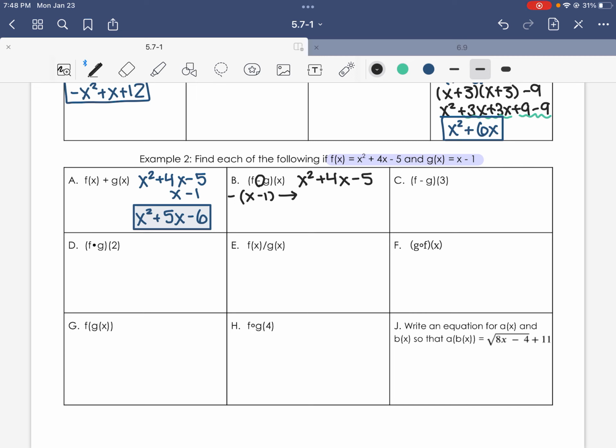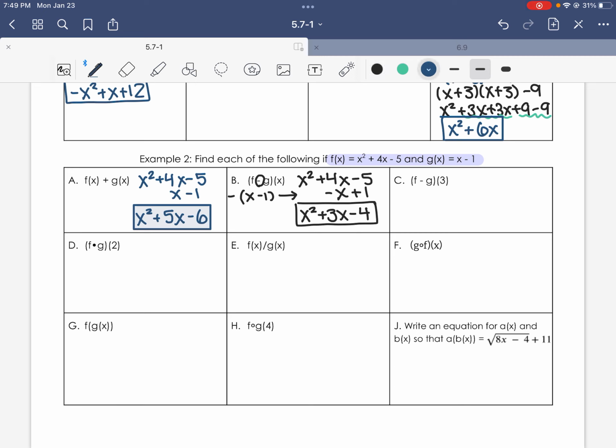So instead of adding x minus 1, I'm actually adding negative x and positive 1. So the signs just flip. Which means the x squared stays the same, but 4x minus 1x is 3x, and negative 5 plus 1 is negative 4. So they're really similar problems.